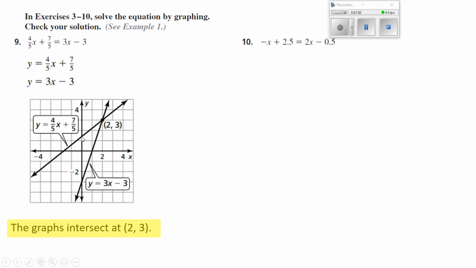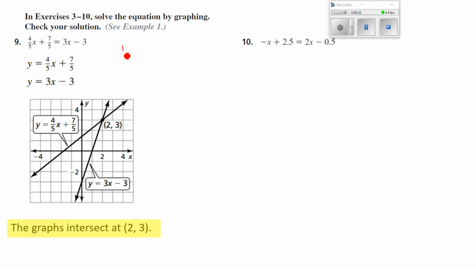And then we're going to go up 4 and over 5. So since these are up by 1, we're going up 4 and over 5. I'm going to have to write this out.